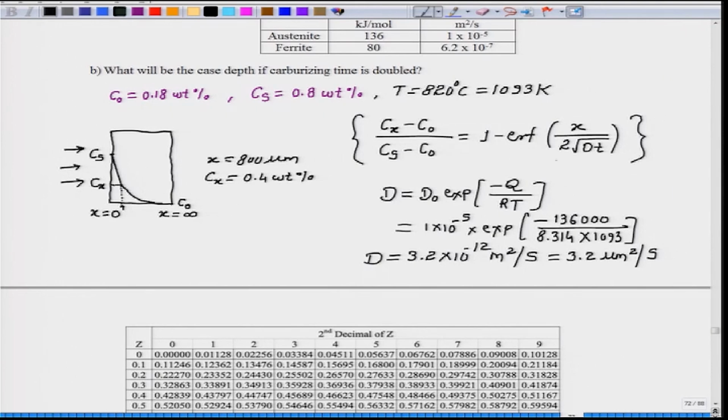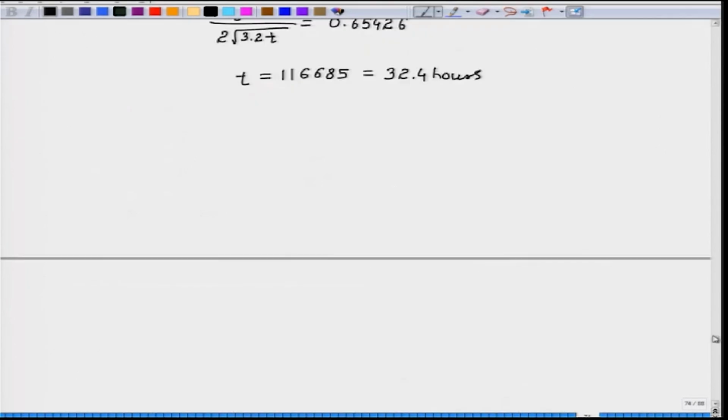Everything else is constant, including D, C naught, C s. So, C x is a function of x by root t, which means, for part B, x 1 by root t 1 is equal to x 2 by root t 2.